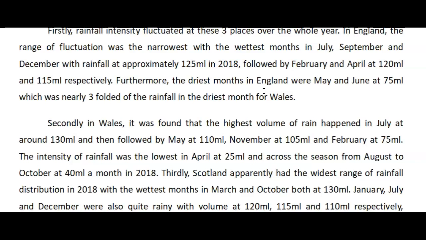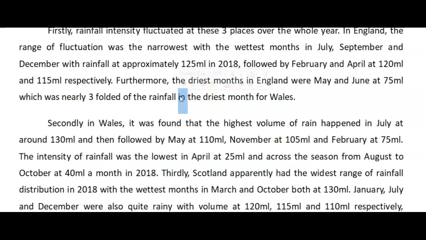So I think what would have been more useful is if you then talked about Wales in this paragraph, and then when you got to the driest month in Wales, you could have said, this is 3 times lower than the figure for the lowest rainfall in England. Okay? Or, as the previously mentioned lowest figure in England. So something like that would have made a little more sense to me here. Okay? All right, let's see.